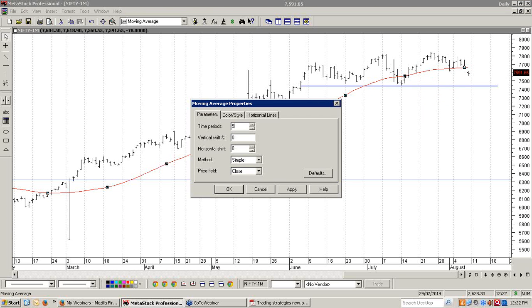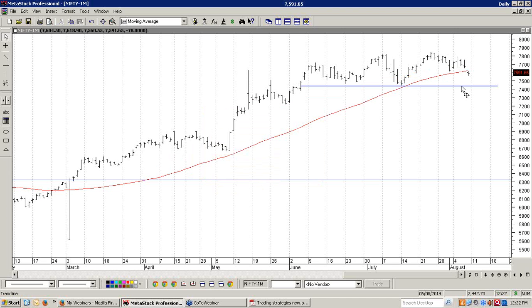Let us see the 50-day moving average. As you can see, Nifty was consistently not breaking the 50-day moving average, but with yesterday's trade it has closed below the 50-day moving average. Now it can have two effects.